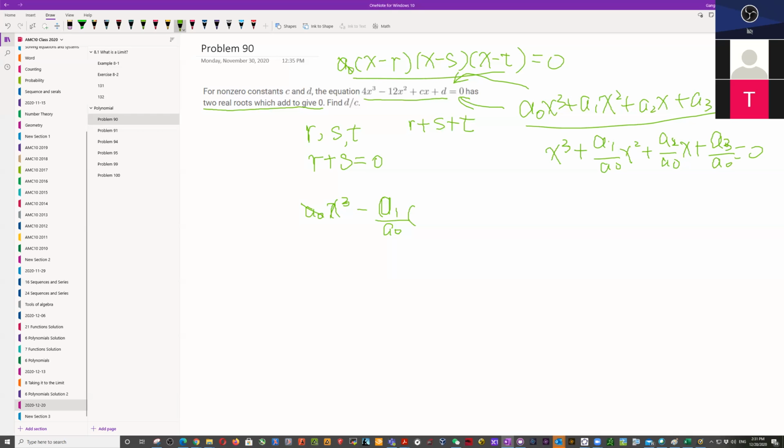If you have those roots and you expand them, it's going to look like x cubed minus R plus S plus T times x squared, then plus the cyclical sum, so basically RS plus RT plus ST times x, then minus RST.